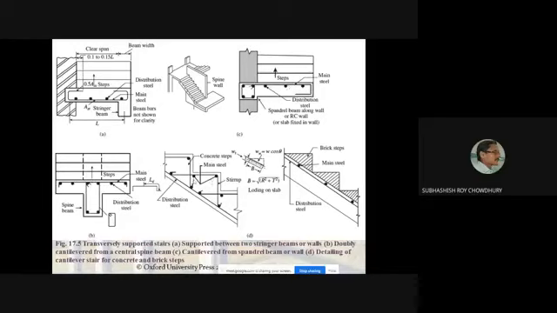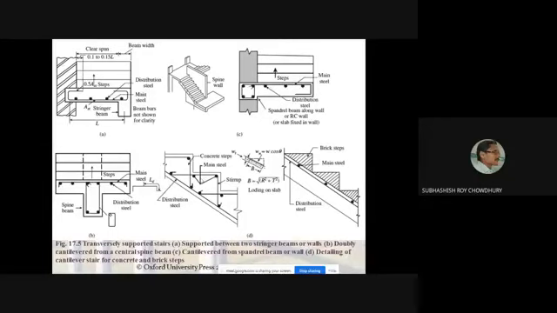But in this case, the steps are part of the structural component. So these dots will be the main steel coming out from the supporting wall or the supporting beams, and this will be the distribution bar. This is another type of staircase that you may have to design.